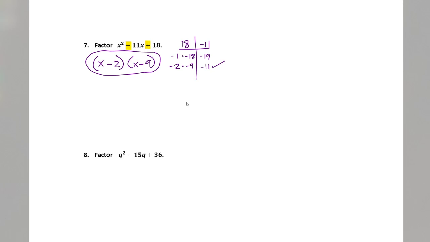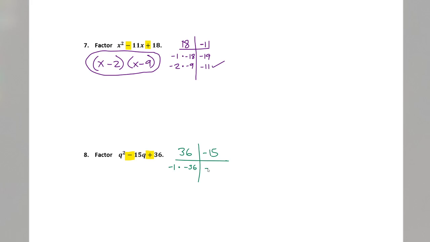On the next one, I'd like you to pause and then check your answer on this. So give yourself a second. And then we're going to be looking for factors of 36 that when added together give us negative 15. So since the signs are different, you know that they're going to both be negative. So factors of 36 that are negative, we have negative 1 times negative 36.